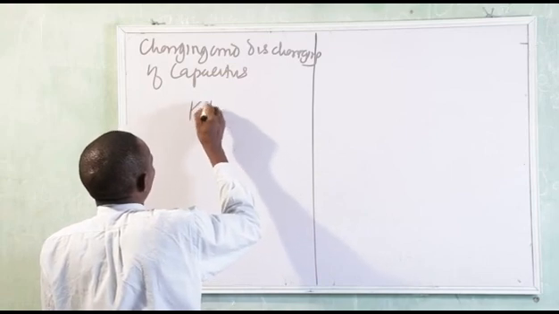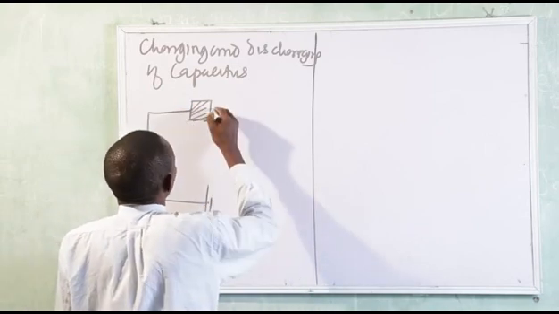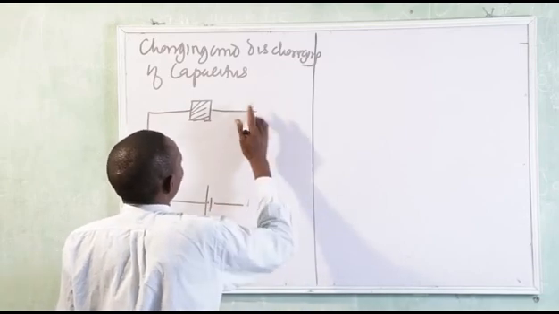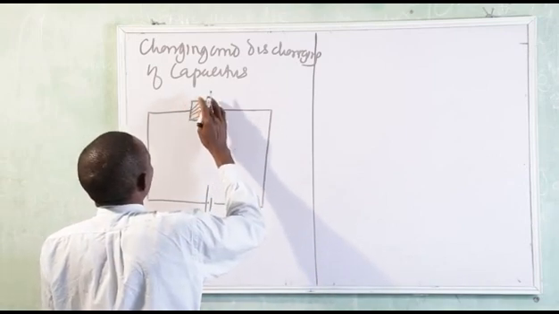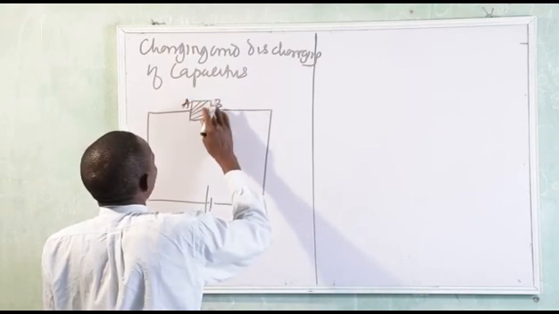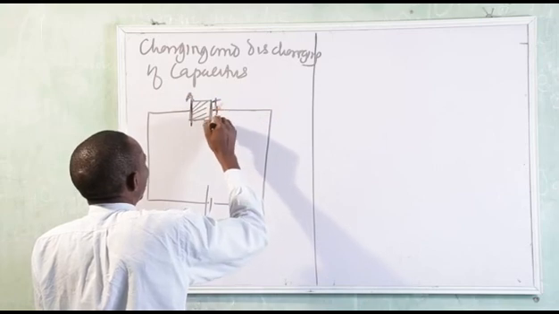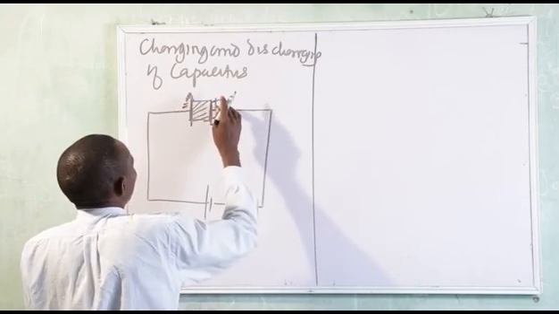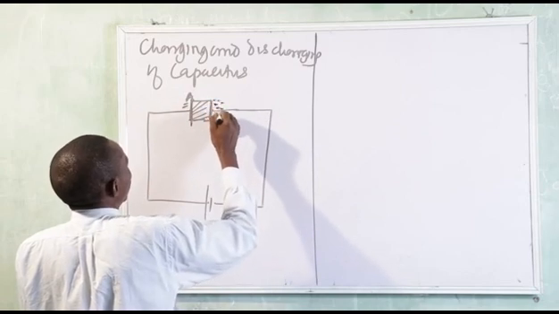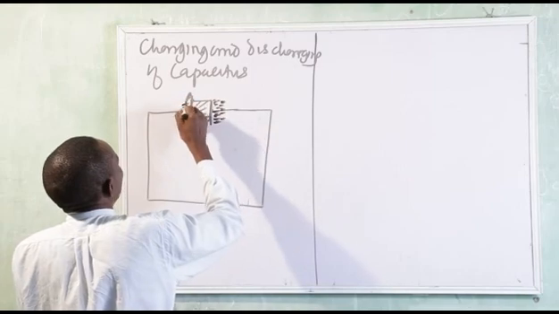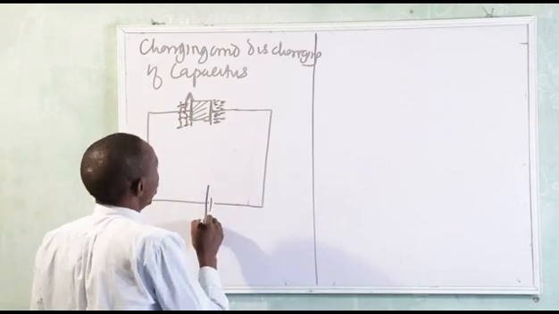Plus, minus between the plates, plate A, plate B. This capacitor is connected through a battery.